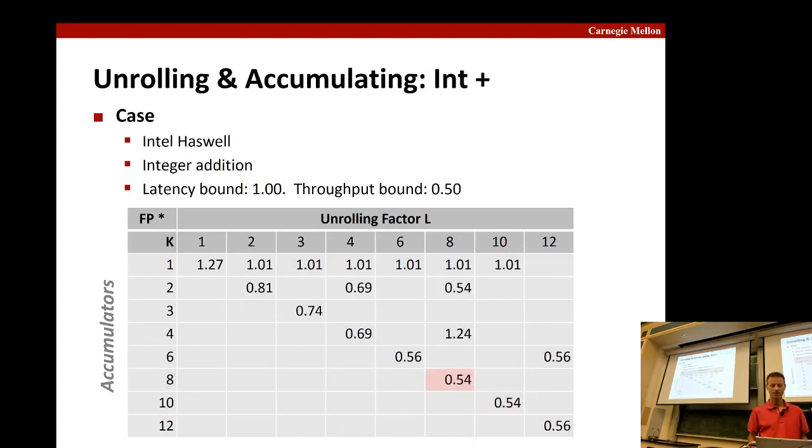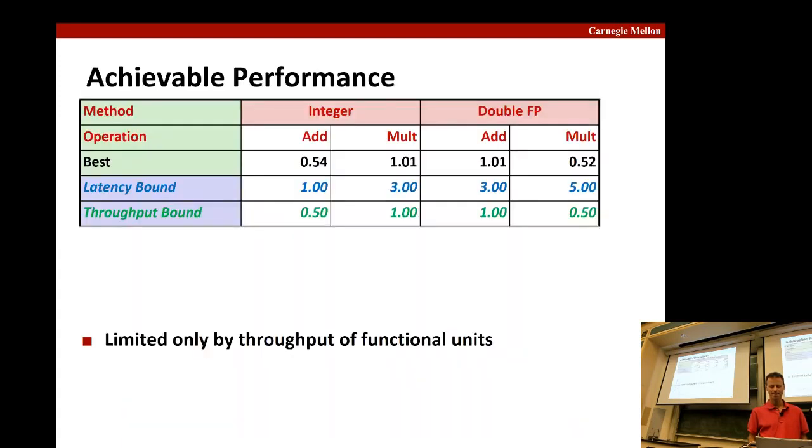Integer addition is a slightly different choice. 8 and 8 is the optimal. And you can see that in the end, when we do this, we're very close to the throughput optimum in all cases. So we've managed to milk out of the machine all the performance that was there to be obtained.